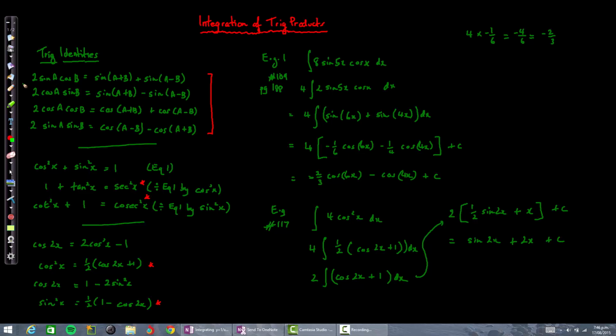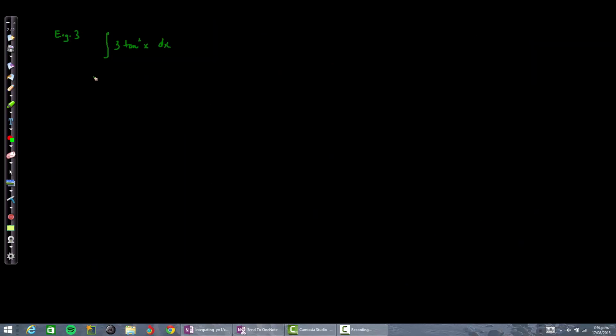So let's go back to that page, and we're going to rewrite this then. I'll pull the 3 out the front. Okay, and this is going to become sec squared x minus 1. And I think we're now in a position to just straight integrate. So 3 times the result.